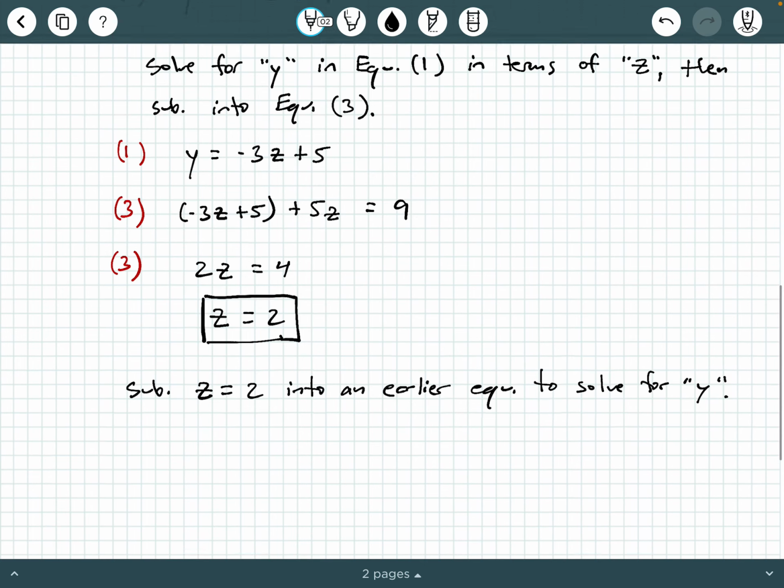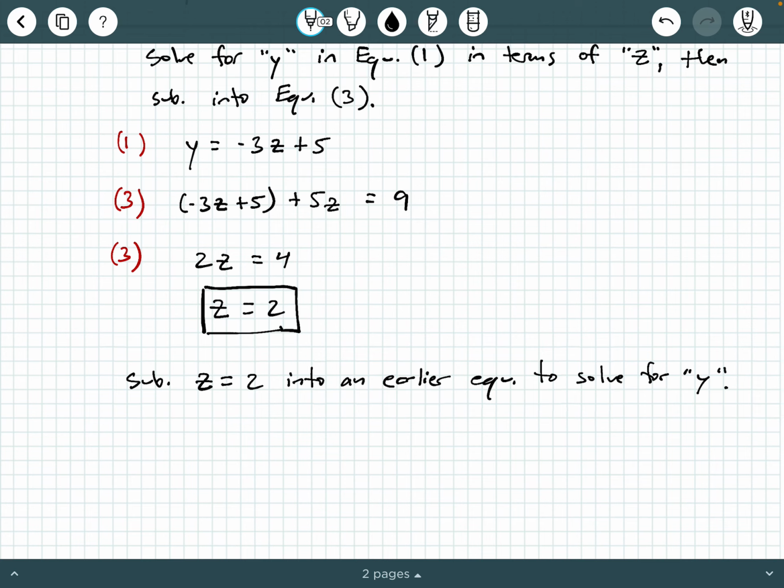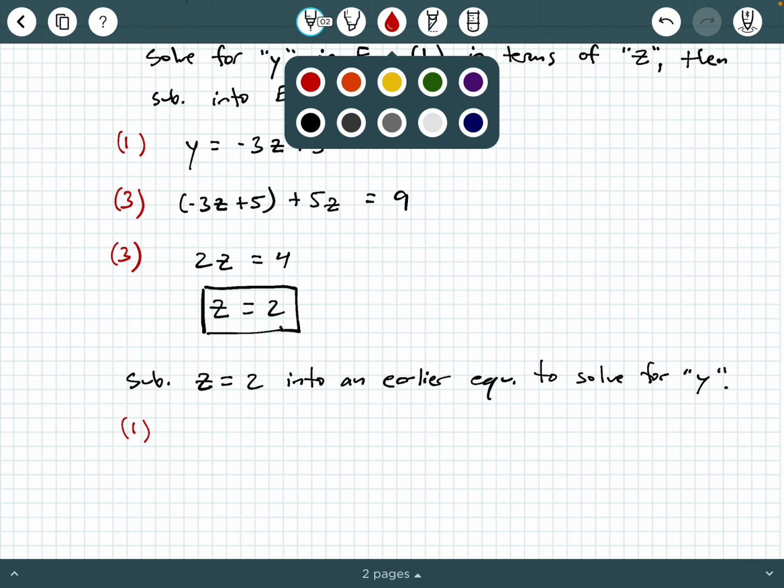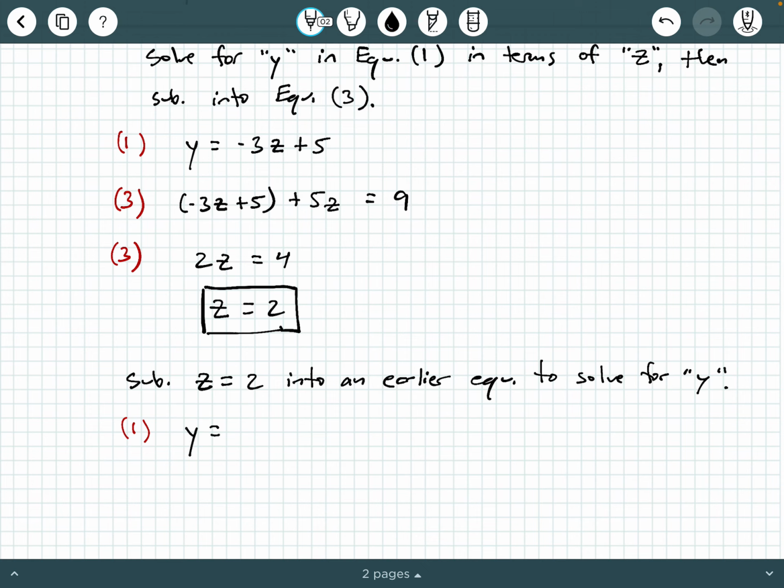So if you just look at this immediately earlier version of equation 1, you can utilize that. We can say utilizing this version of equation 1, we'll have y equals negative 3 times 2 plus 5. And so sure enough, y equals negative 6 plus 5, which is negative 1, okay? That's another part of our answer.